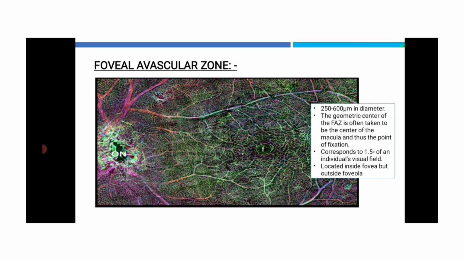The geometric center of FAZ is often taken to be the center of macula, that is the point of fixation. It corresponds to 1.5 degrees of an individual's visual field. It is located inside the fovea, but its spread is outside foveola. That means the region is spread between the diameters of fovea and foveola.